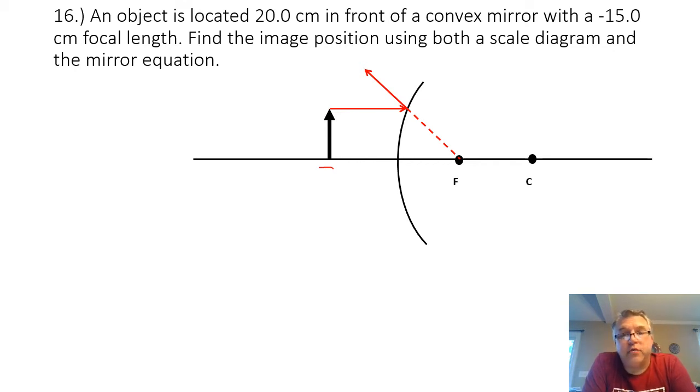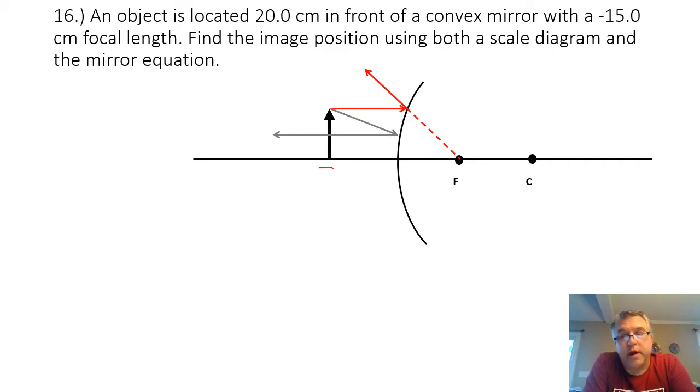My second ray, which I have in this greenish color, the incident ray, is lined up with the focal point. So my incident ray goes from the tip of my arrow, which is my object, to the mirror so that it is lined up with the focal point behind the mirror. When that ray reflects off of the mirror, the reflected ray is going to be parallel with the principal axis.